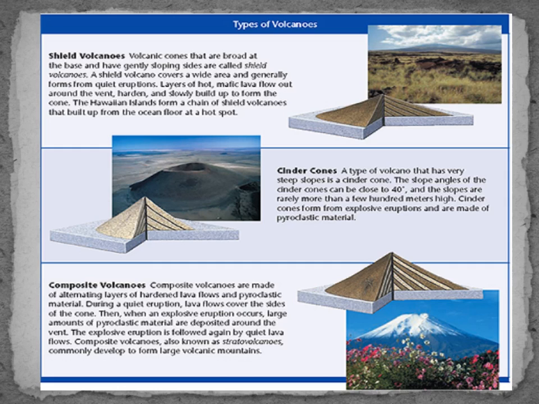The Hawaiian Islands are an example of shield volcanoes, and they tend to come from mafic volcanoes or quiet eruptions. Cinder cone volcanoes are your classic volcanoes.